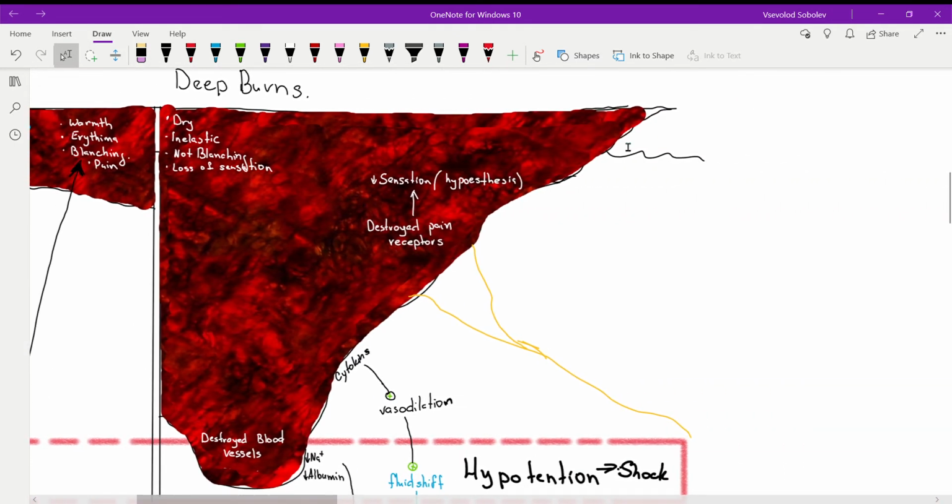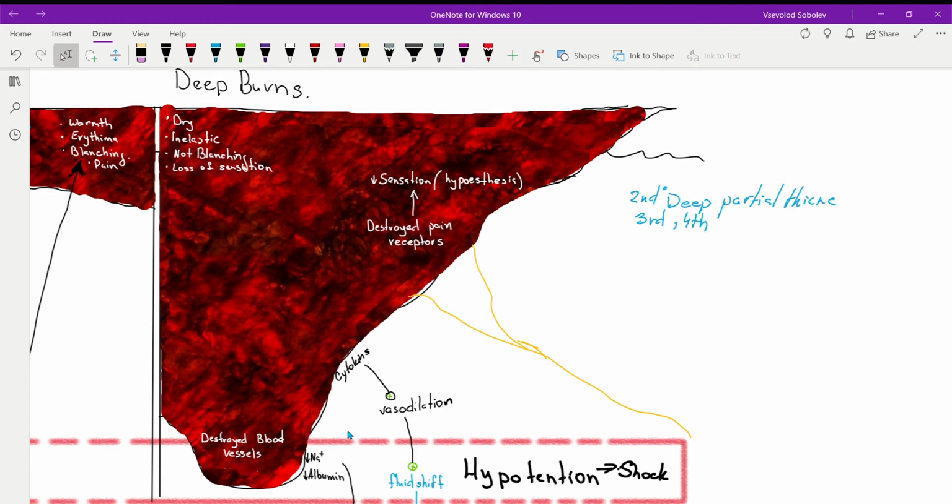Deep burns. This fella had a deep burn to the deep layers already. It's a 3rd and 4th degree, and maybe deep partial thickness, 2nd degree, or it's 3rd and 4th.